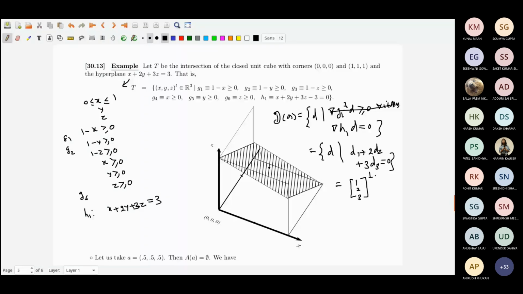What is this? Actually, this is a plane parallel to the given plane passing through the origin. The given plane was x plus 2y plus 3z equal to 3, and this is the vector.